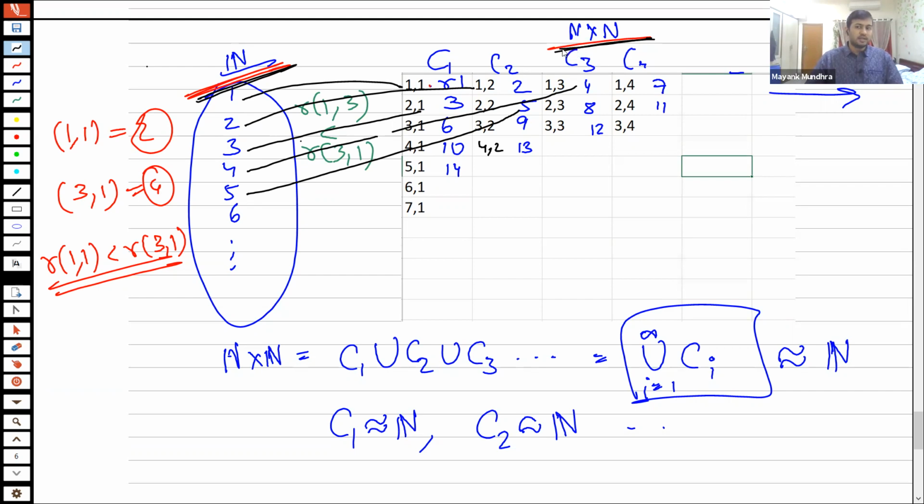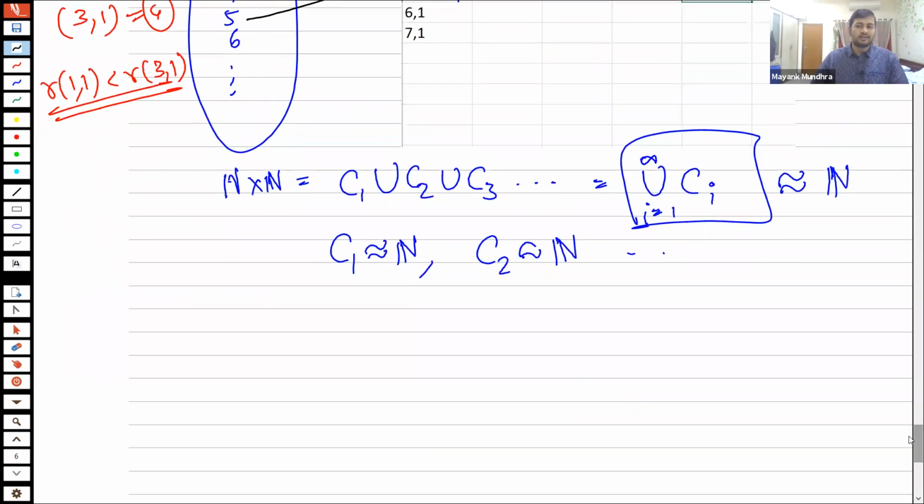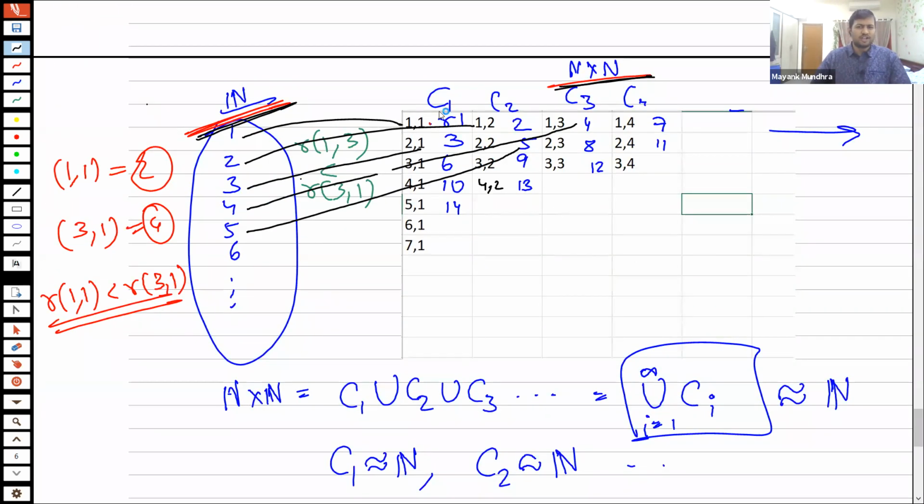Okay. So this idea is very discomforting, unsettling, that every column in an Excel sheet is a set of natural numbers in itself. So every column is infinite and I have infinite such columns.